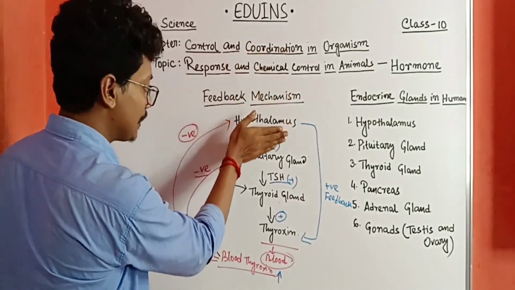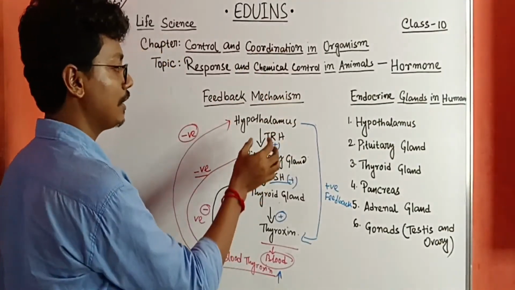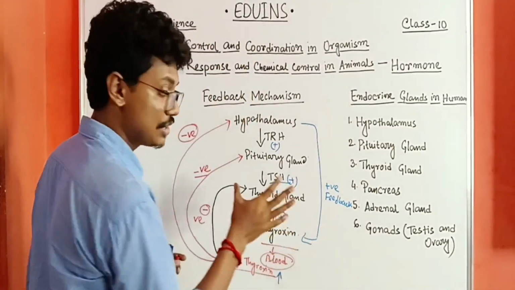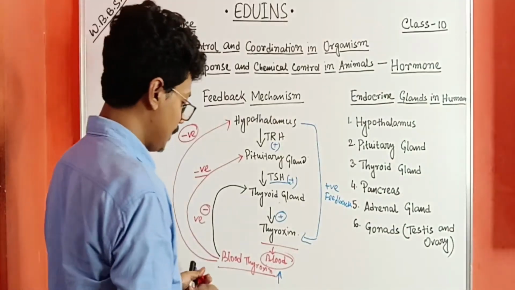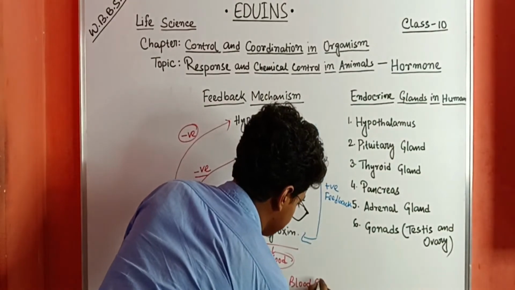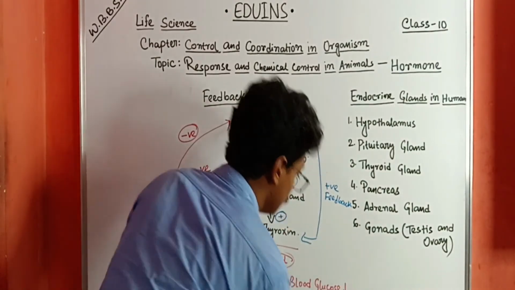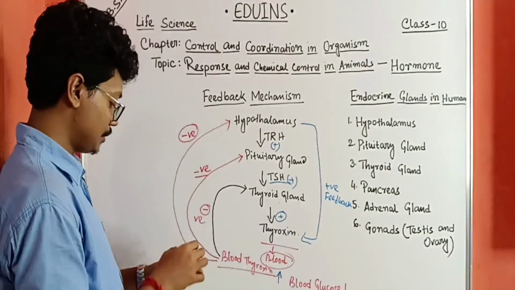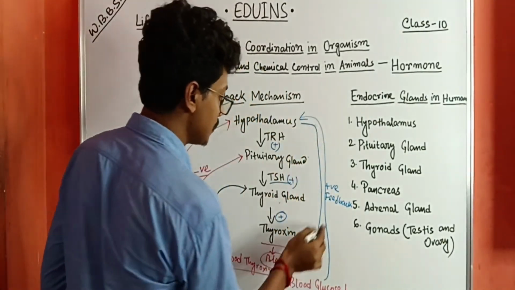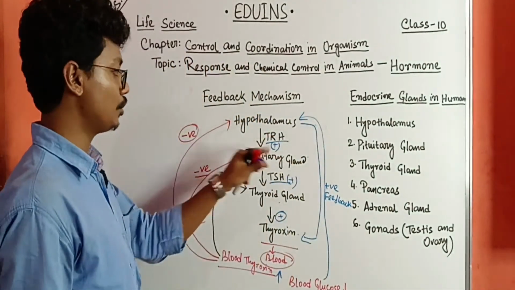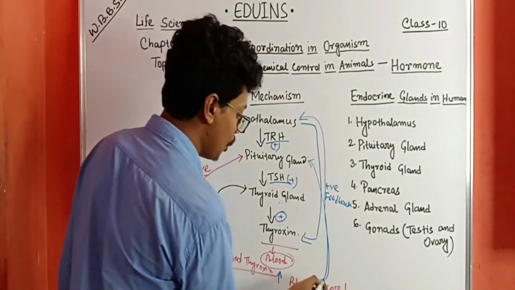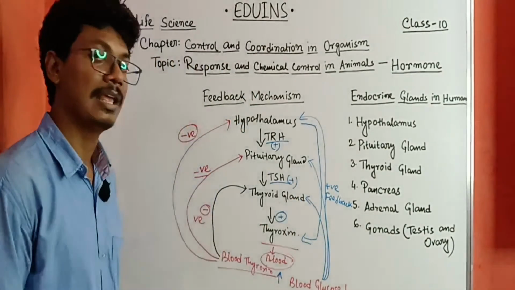When the thyrotropin releasing hormone, the thyroid stimulating hormone or the thyroxine secretion is stopped, then the blood thyroxine level drops down again. When it drops down, it will send a message to the hypothalamus to release the thyrotropin releasing hormone, to the pituitary to release the thyroid stimulating hormone, and to the thyroid gland to release thyroxine.